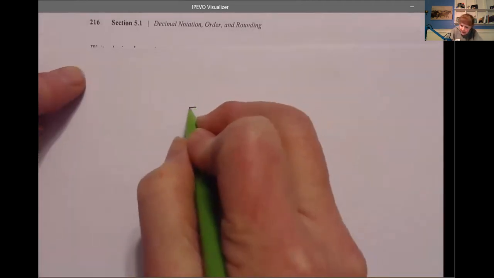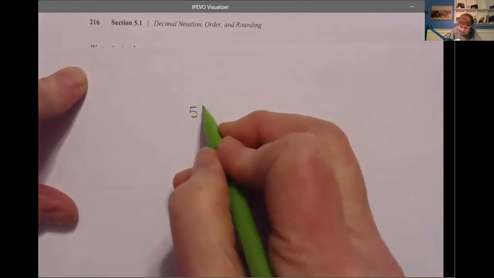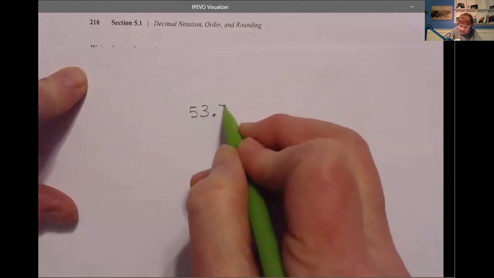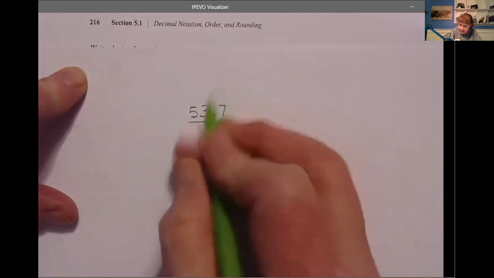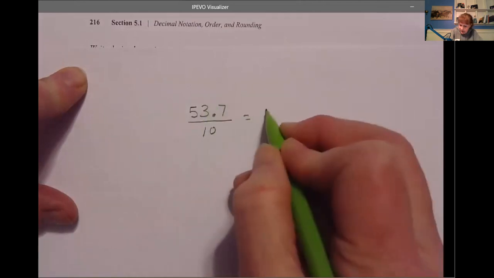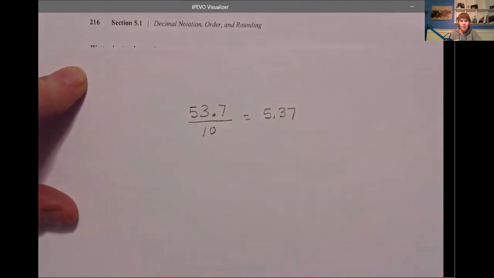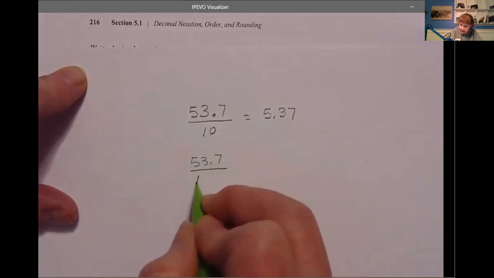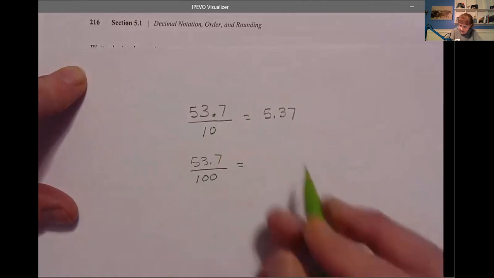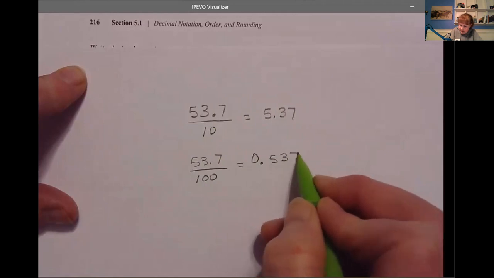So let's say we have 53.7. Now, if we were to divide this by 10, the answer is, okay, those are equal to each other. Now, if I took 53.7 and divided it by 100, I get 0.537.